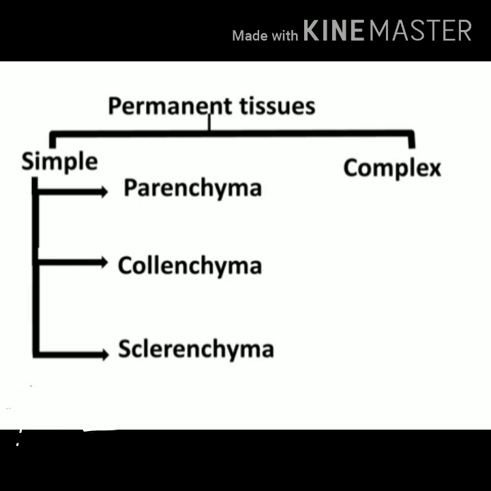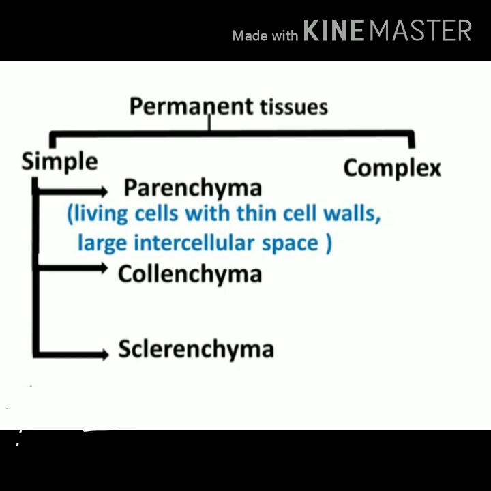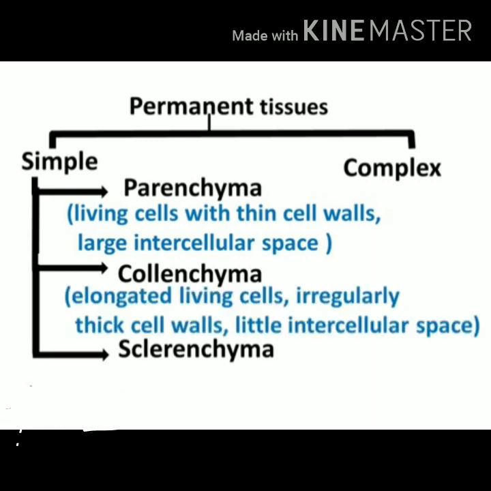So, what are the types of simple permanent tissues? They are parenchyma, collenchyma and sclerenchyma. Their characteristics are: the cells of parenchyma tissues are living with thin cell walls and have large intercellular spaces. The second type is collenchyma, which comprises elongated living cells.